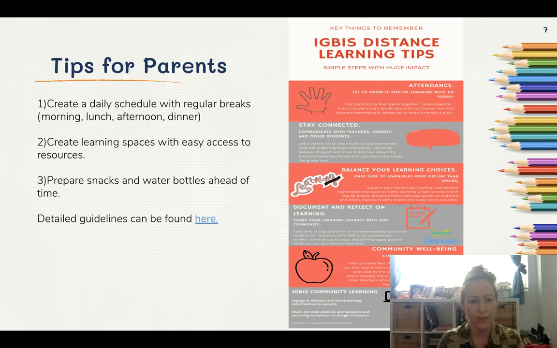Now, our final area that we shared with parents just in the past weekend or so is simple key tips for distance learning. And that is staying connected with other families, making sure your children have opportunities to chat with them too, making sure there is a daily schedule with regular breaks set up that kids can follow every day, where they start off with the morning meal, whether it's with you or with another member of the family or a helper.